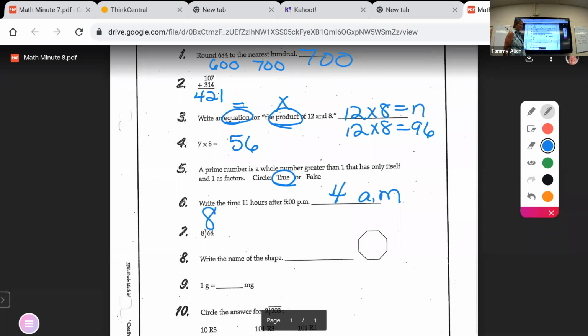Jonathan? Octagon. 1 gram is how many milligrams, Peyton? 1,000. Anybody want to disagree with that?